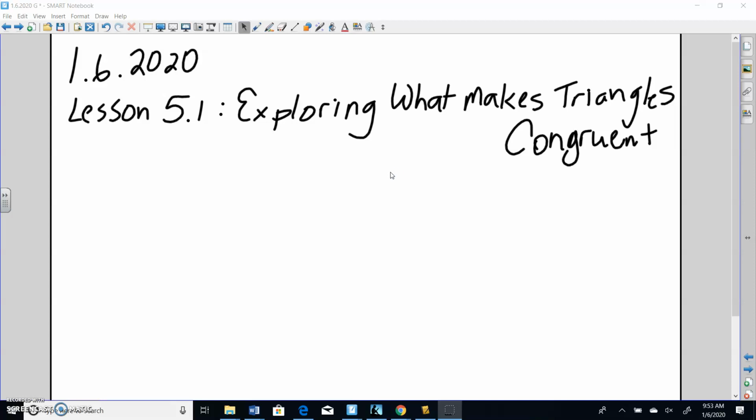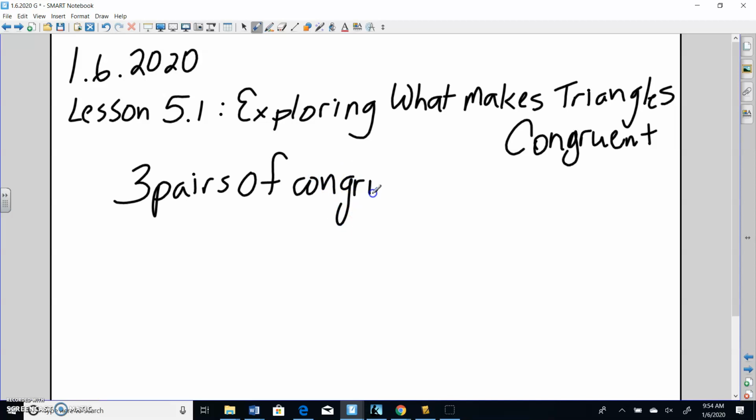So in order for two triangles to be congruent, we are going to have three pairs of congruent angles and three pairs of congruent sides.